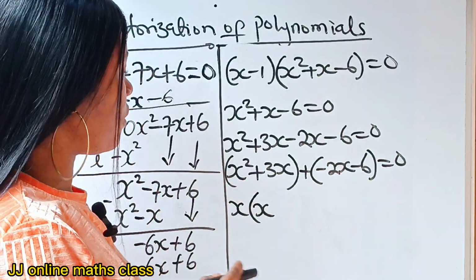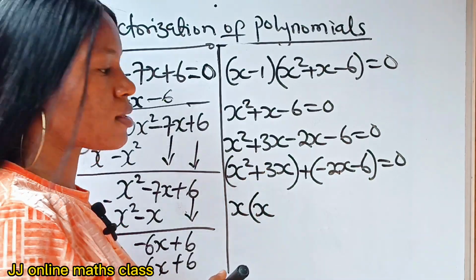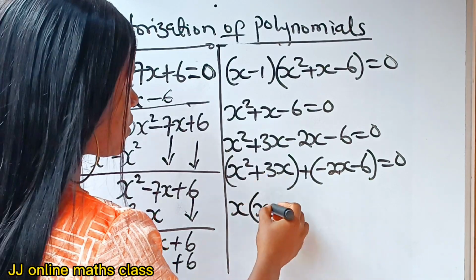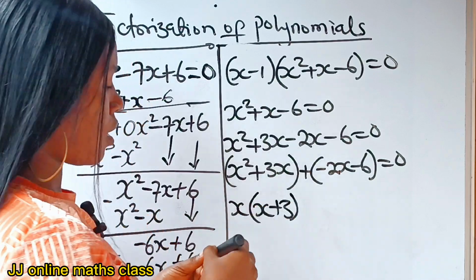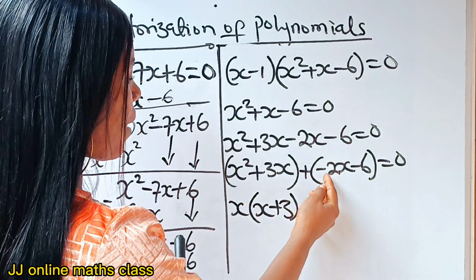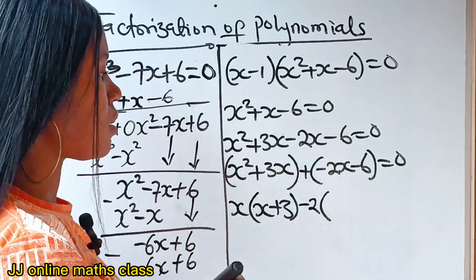Okay, let's continue. So x squared divided by x will give us x. Plus 3x divided by x will give us plus 3. Okay, now in this case they have minus 2 in common, right? And that minus times this plus is minus, so we bring out minus 2 outside.